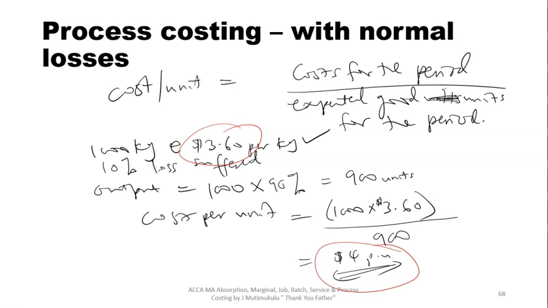An example of a loss that could be recoverable is a situation where, for example, we are in an oil refinery. Let's consider the oil refinery case.